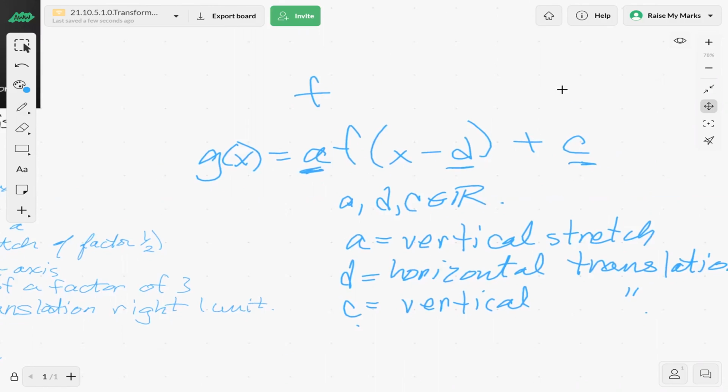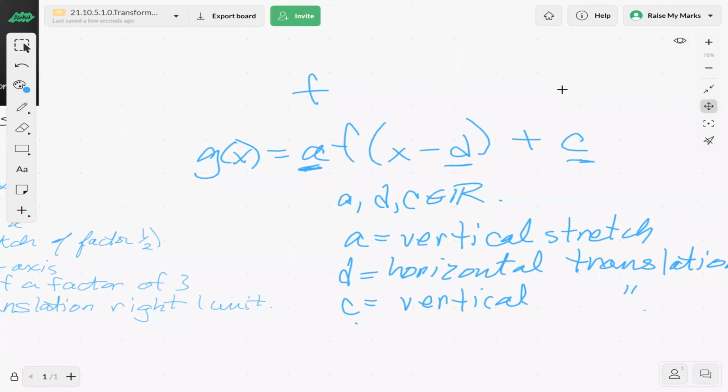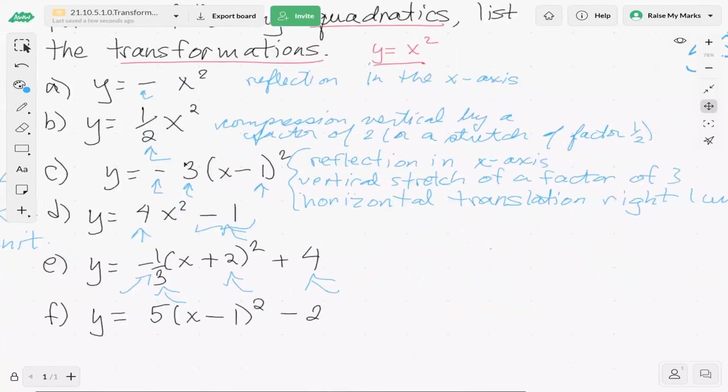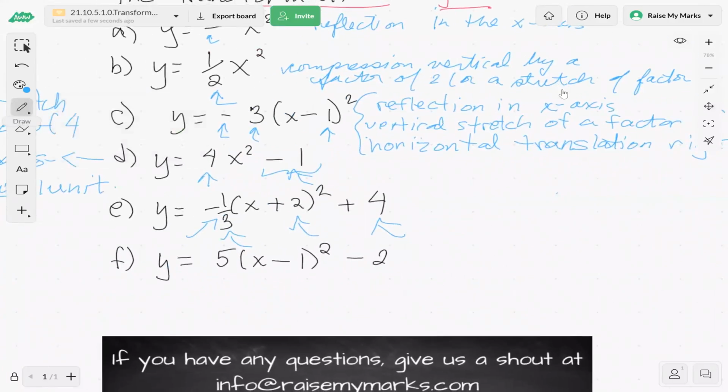So d is subtracted from x. If we rewrite this as negative 1/3 times x minus negative 2, squared, plus 4, the negative 2 is our translation left or right.